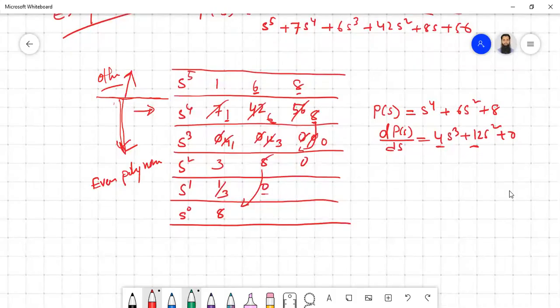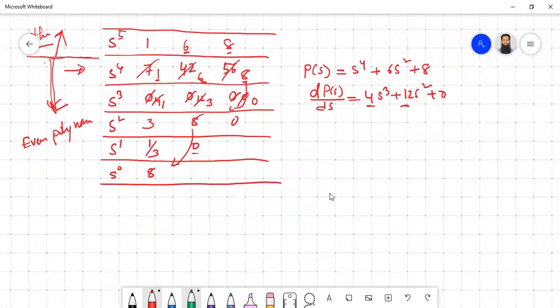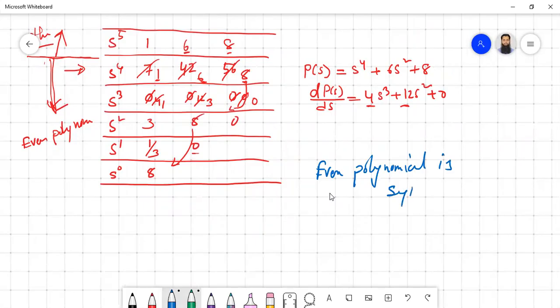One thing is that the even polynomial is symmetrical about the origin.